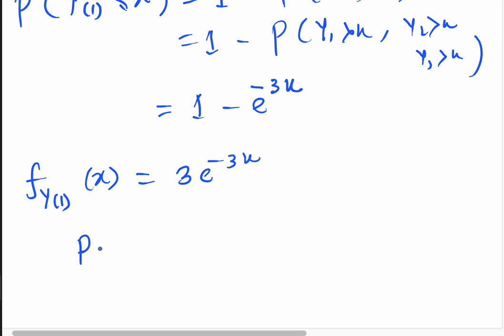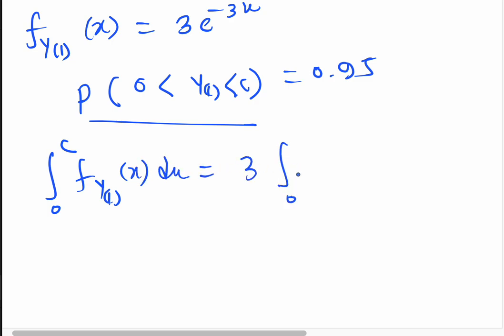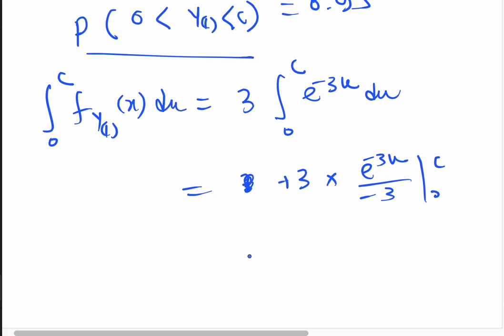Now you see that the probability that 0 less than y1 less than c will be 0.95, and we have the distribution. So let's find this probability: it will be the integral from 0 to c of f of y1 dx, that is 3 times the integral from 0 to c of e to the power minus 3x dx, so 3 into e to the power minus 3x by minus 3 from 0 to c, so this is 1 minus e to the power minus 3c.